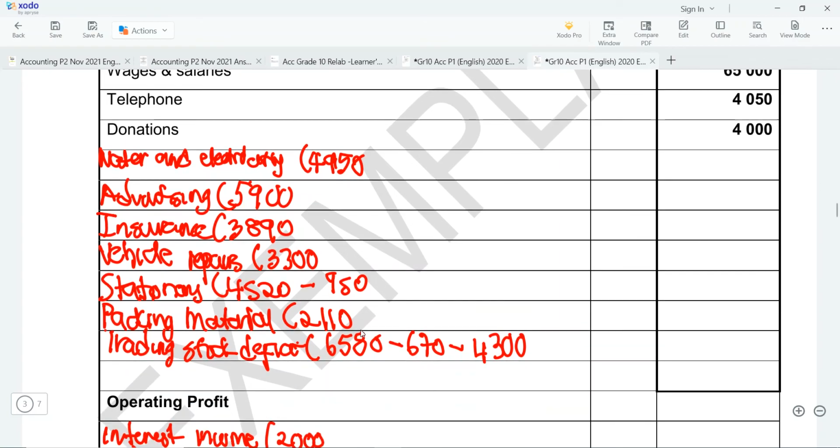Remember, what we are trying to get is the cost of the things that we have actually used when it comes to your trading stock, stationery, and consumable stores. We are trying to find out what was the cost of what was actually used, not what was actually bought. Okay, so that's why we are subtracting what was actually not used to get the cost of what was actually used.